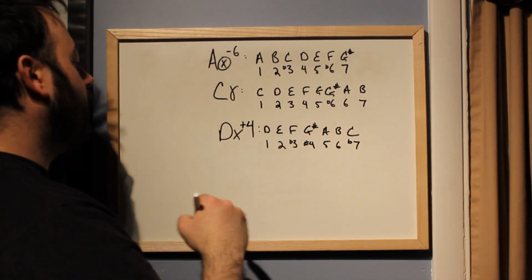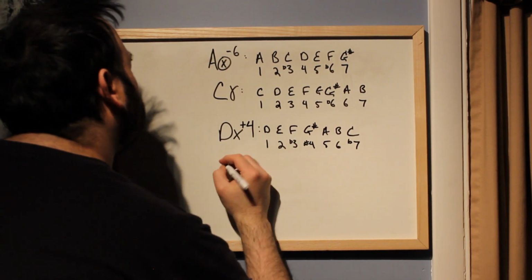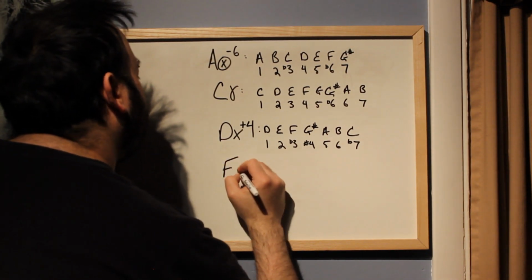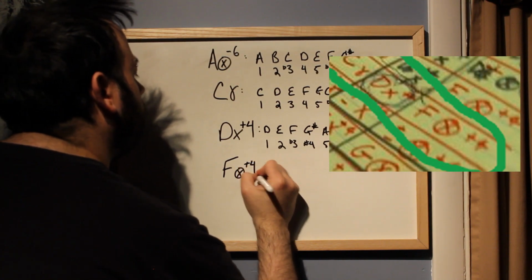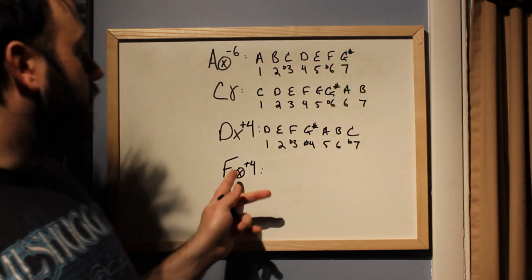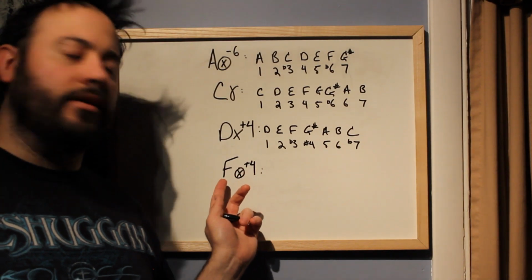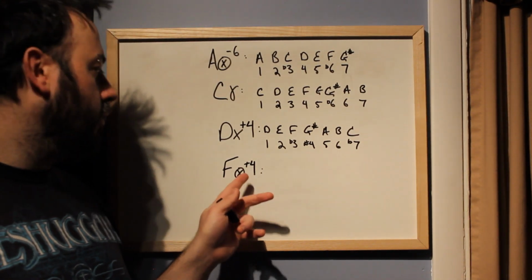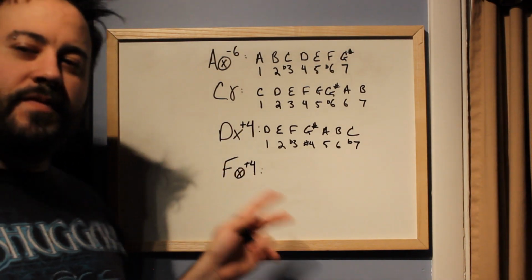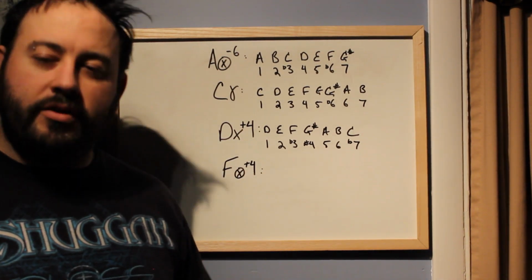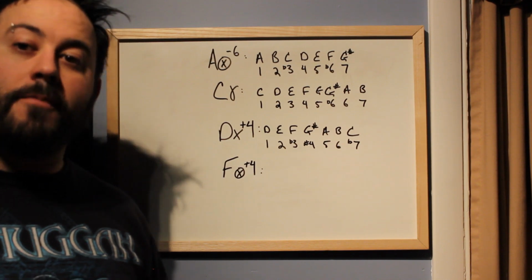And then finally, that last row that we have, F, X with the circle, plus 4. Now this one, if you remember, is Lydian minor. Harmonic minor, melodic minor with the sharp 4. And when you figure that out, that's really Lydian minor, the 4th mode of harmonic major.